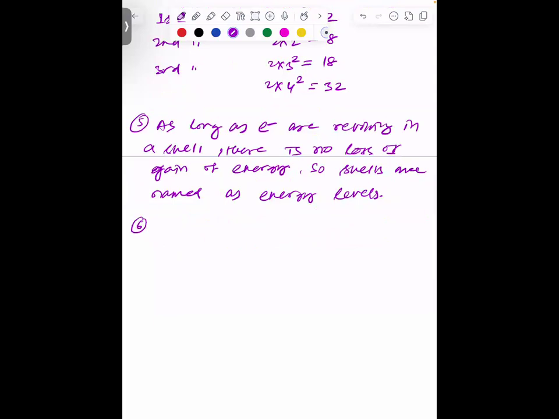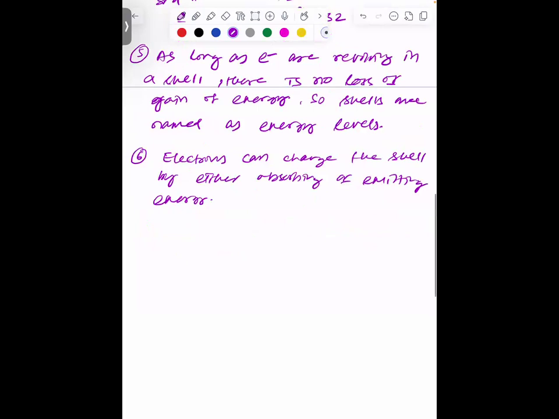Next, electrons can change the shell by either absorbing or emitting energy.